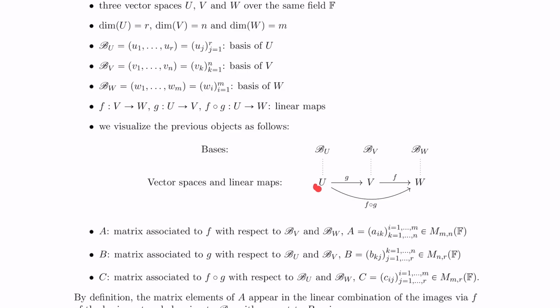The elements that we need are displayed in this diagram here. We have three vector spaces over the same field, U of dimension r, V of dimension n, and W of dimension m.